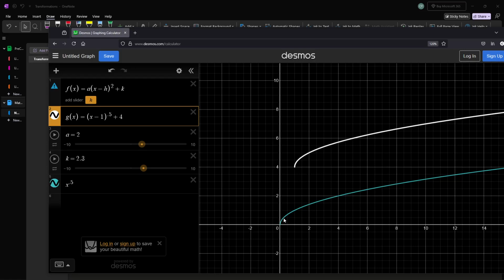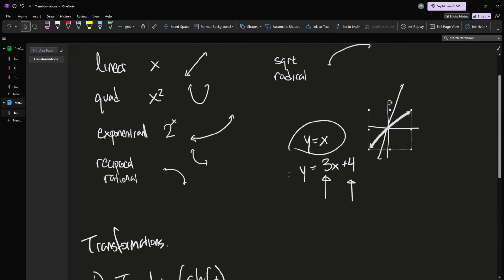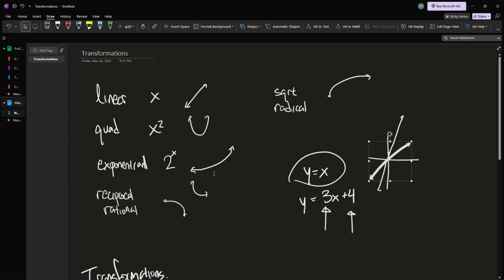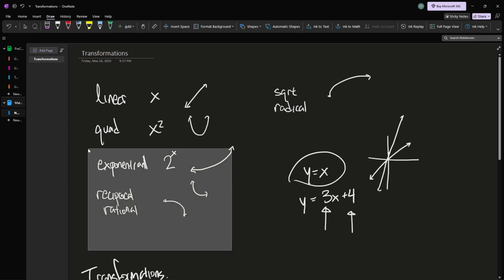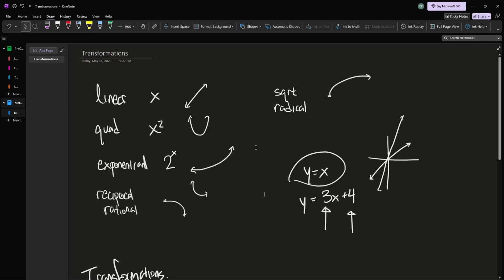When you try to identify transformations, think about key features. A lot of times a key feature could be its origin point, where it touches the origin. Most of our parent functions do touch our origin or touch some key points, except for these two. We want to see some key points, like where it touches 1 or where it touches the y-axis.